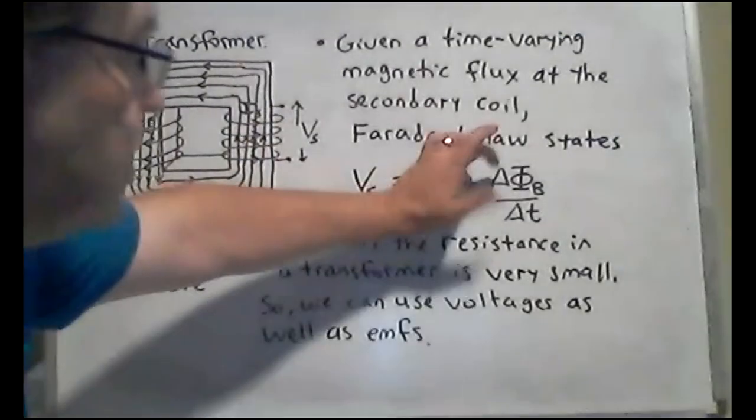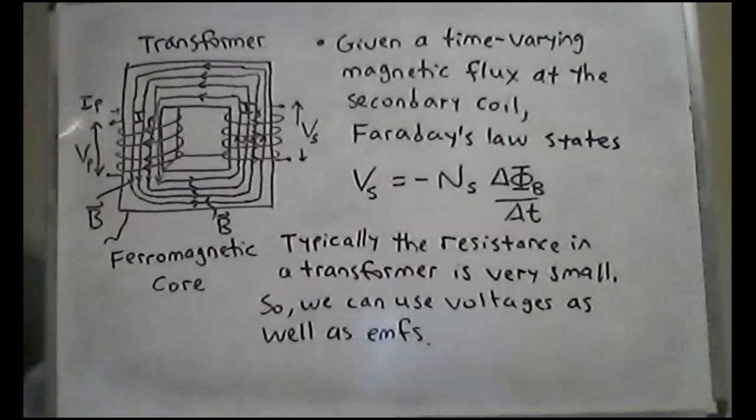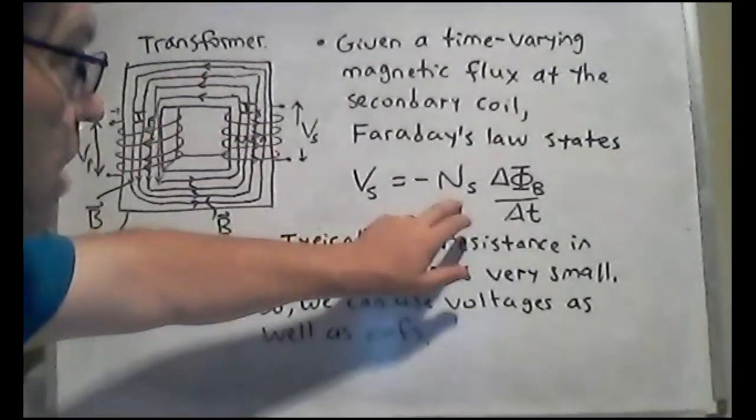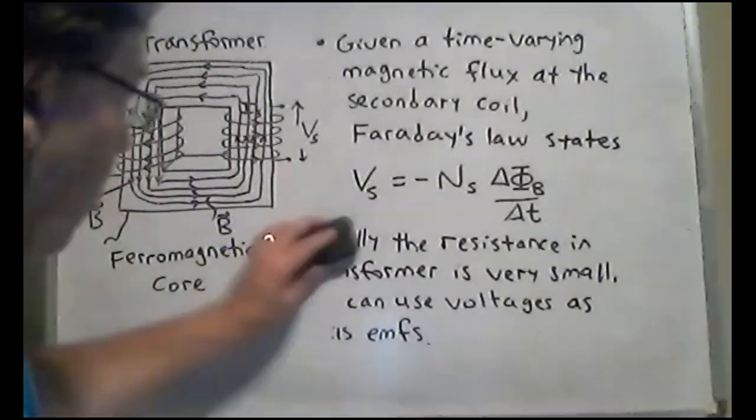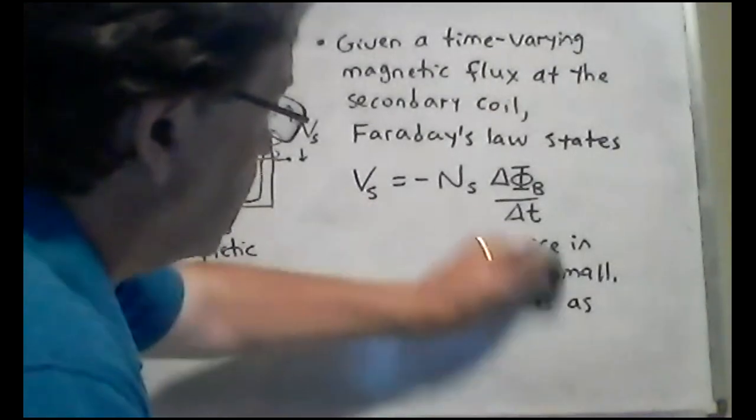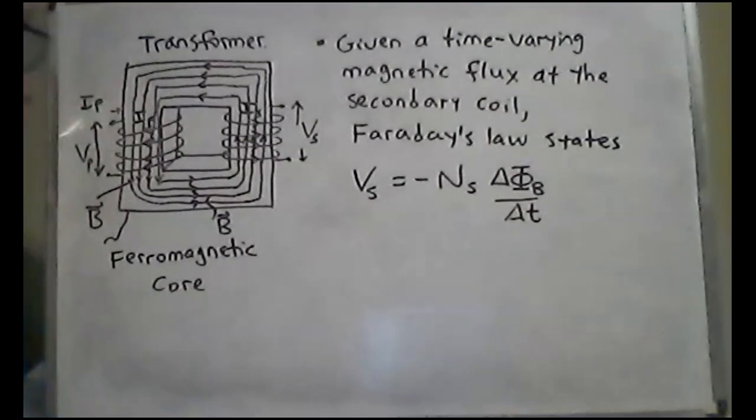If you are giving me a time varying magnetic flux at this location at the secondary, N sub S is the number of turns in the secondary. It's very important. So again, N sub S is the number of turns in the secondary.